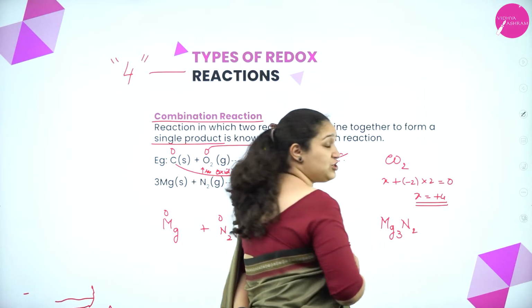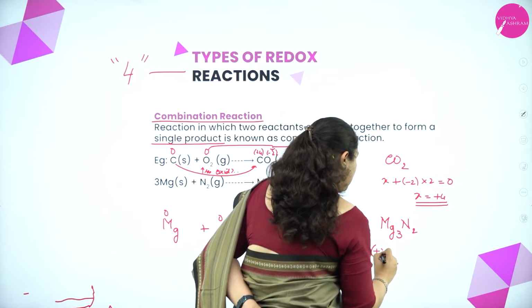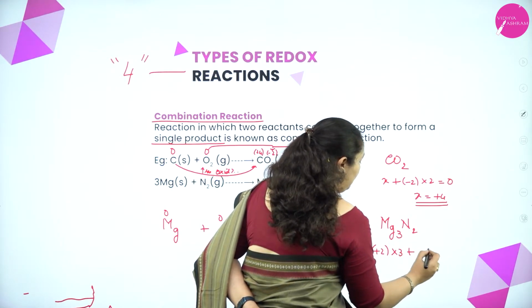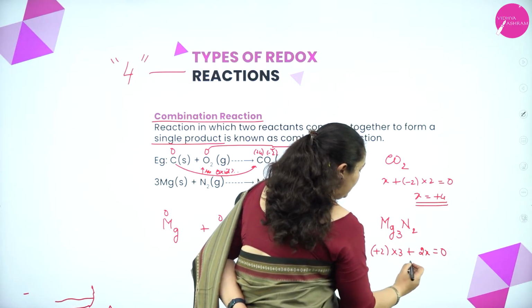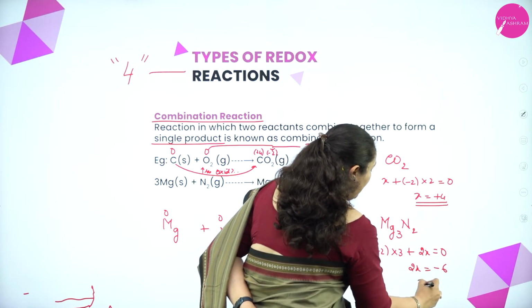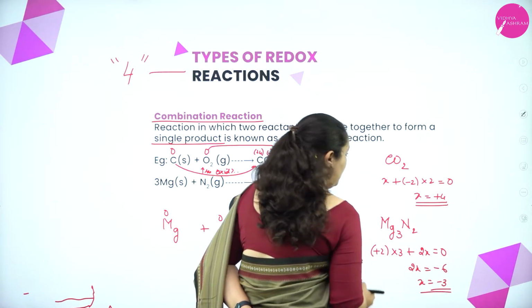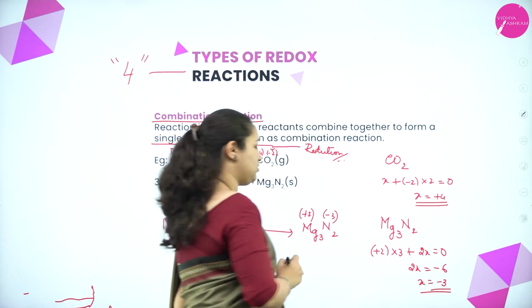Magnesium is an alkaline earth metal. Correct? So it is plus 2 into 3 plus 2x is equal to 0. 3 2s are 6, so 2x is equal to minus 6. X is equal to minus 3. So for nitrogen it is minus 3, and for magnesium it is plus 2.